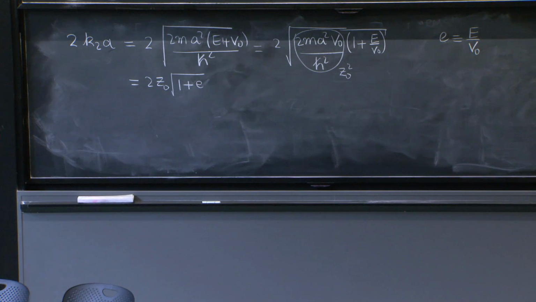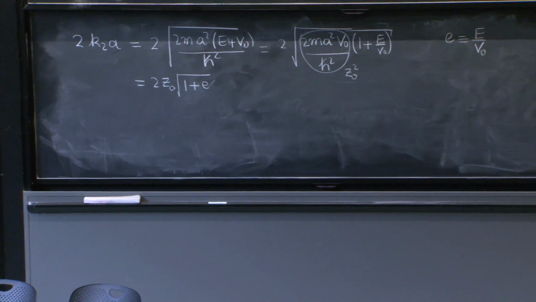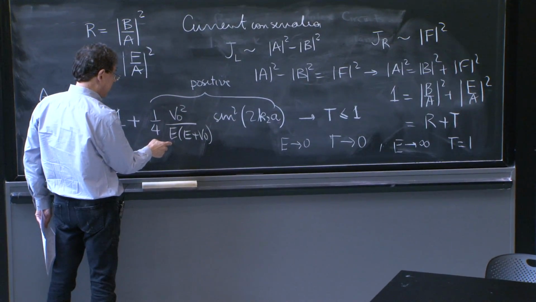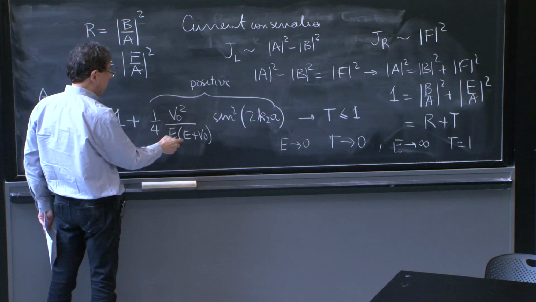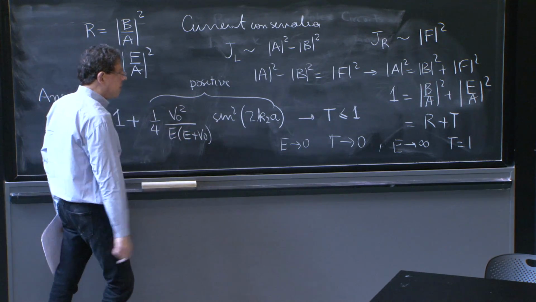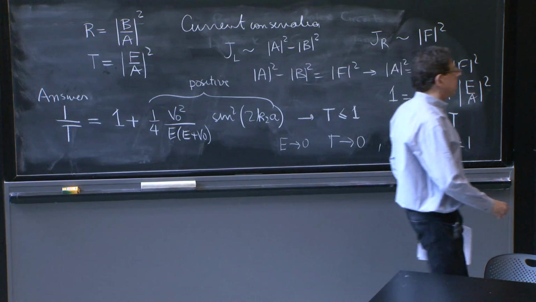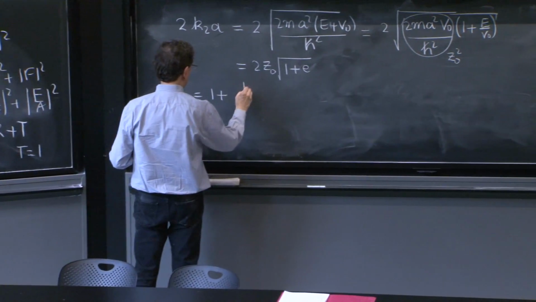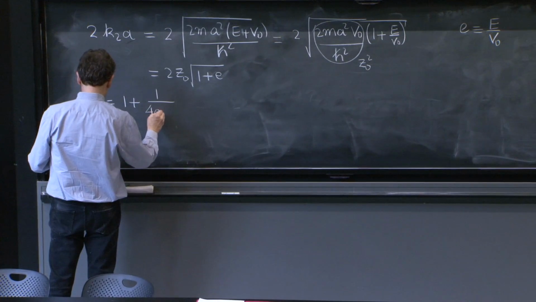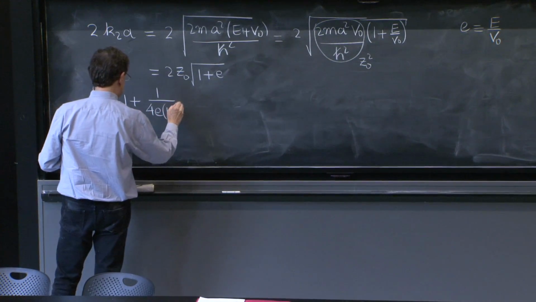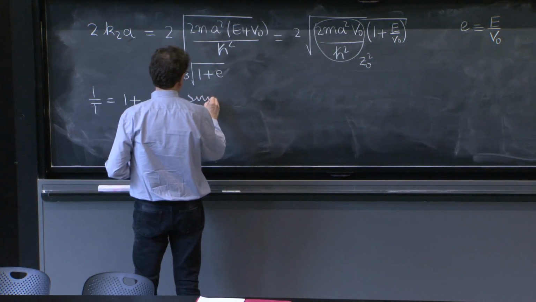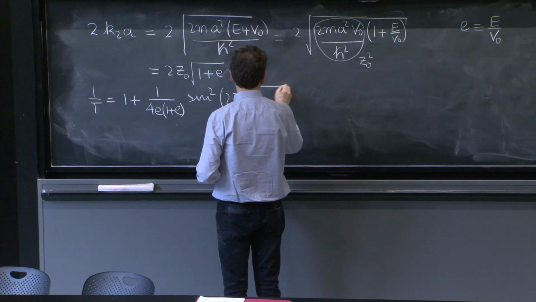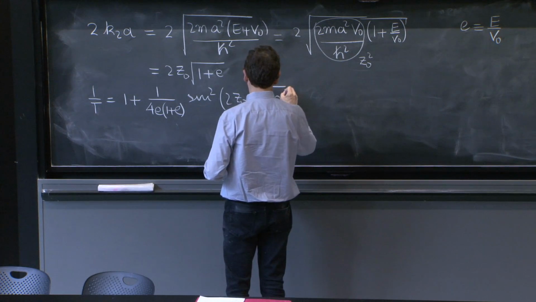So here you can divide by V0 squared, numerator and denominator, so you'll have an E over V0 and a 1 plus an E over V0. So the end result is that 1 over t is now 1 plus 1 over 4e(1 plus e) times sine squared of 2z0 square root of 1 plus e.